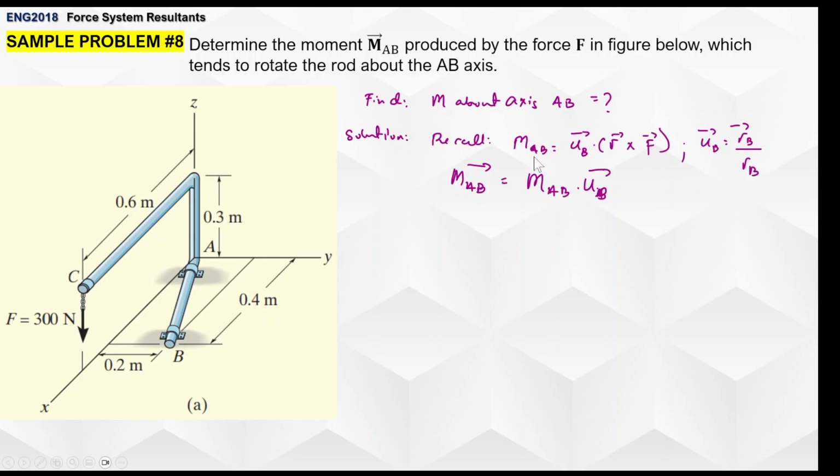And to get its Cartesian vector notation, we just multiply the moment AB by unit vector UB. Okay?